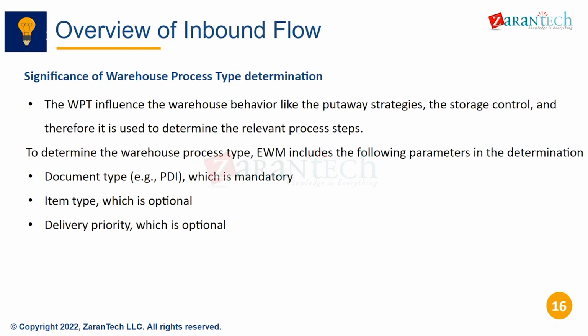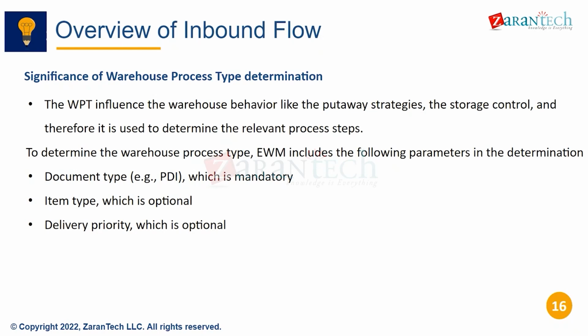Whatever activity you are going to perform in the warehouse, to perform that activity one warehouse process type has to be determined or defined in EWM. So the system will understand this warehouse process type will be triggered based on the configuration which you use to differentiate the process for a bunch of products that has to be performed, right?